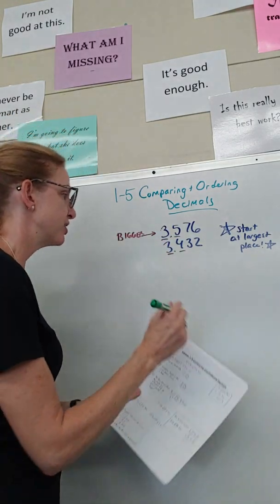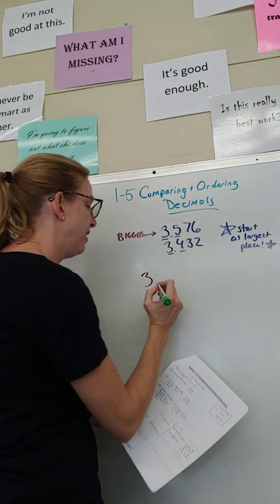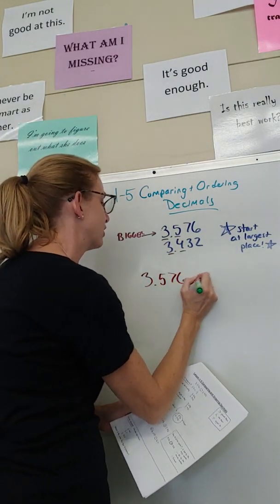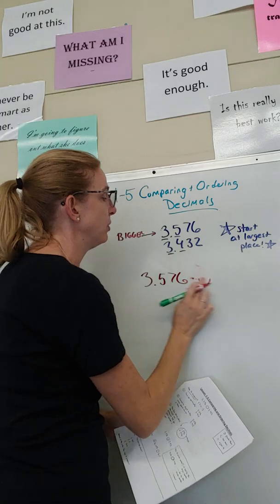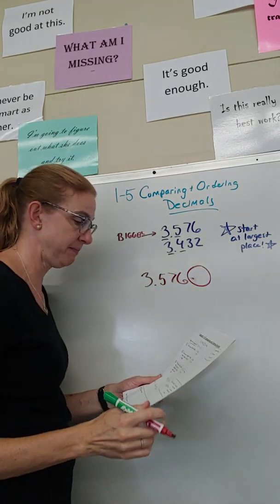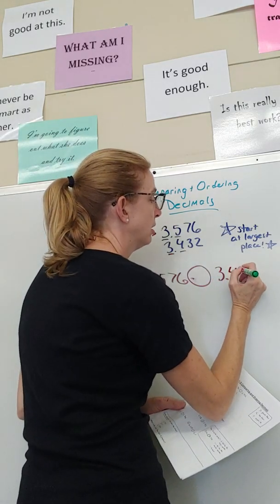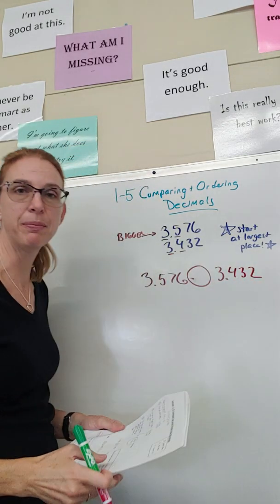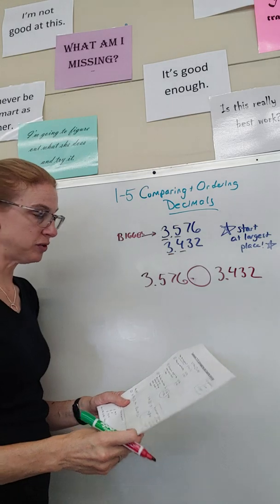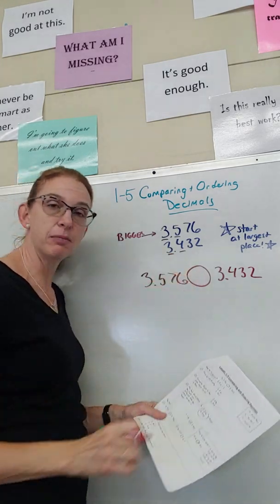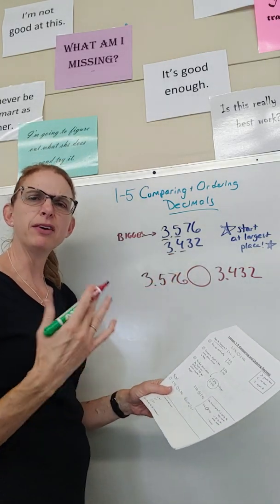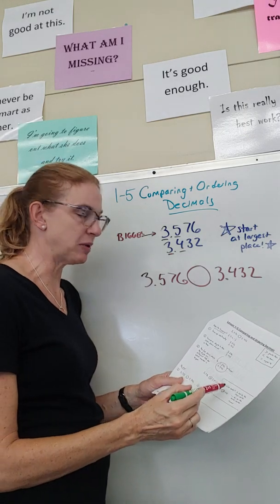And I'm done. So now when they say to compare it, they mean they want me to write it as a greater than or less than symbol, okay? So here's my problem. And I gave you a little trick here. Some kids like to think the alligator eats the bigger number, and that's great. A little bit of a quicker way is this. How to write the symbol?